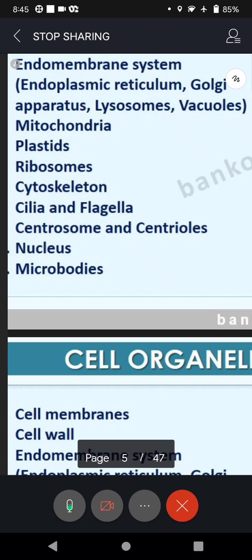Then ribosomes, yesterday I told you, they are responsible for protein synthesis. Proteins are synthesized by ribosomes, and without proteins there will be no growth and development. Then comes the cytoskeleton. Cyto means cell, skeleton, just now I said. There are some chemical compounds that will be present in the cytoplasm that will make the skeletal appearance. Then cilia, hair-like structures, and flagella, whip-like structures.